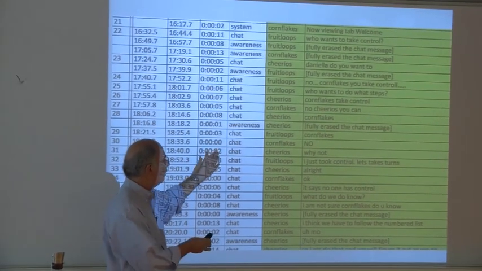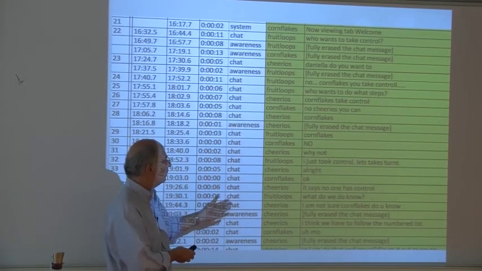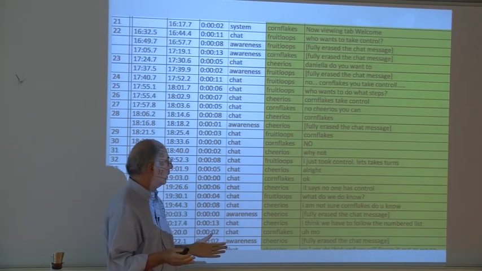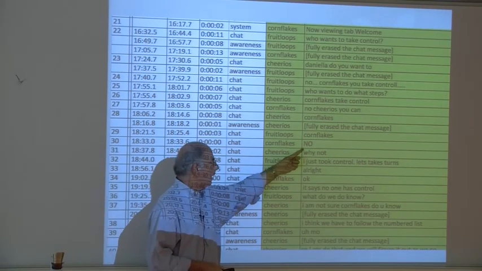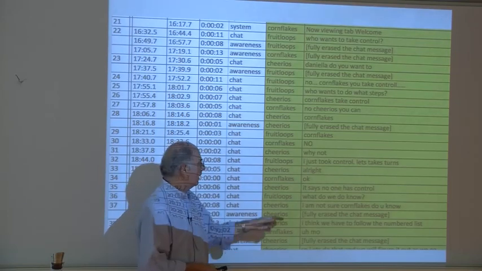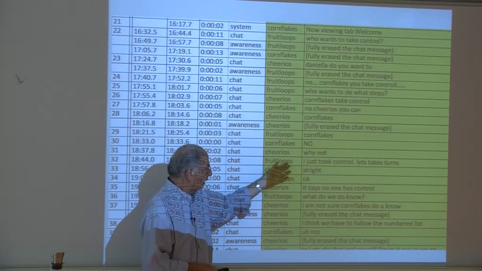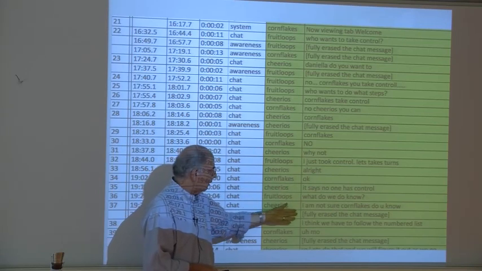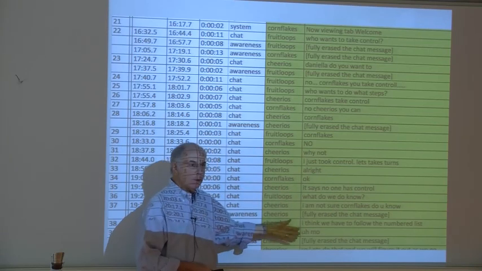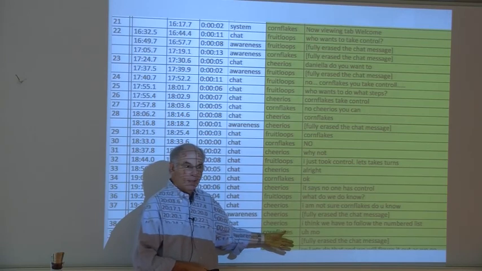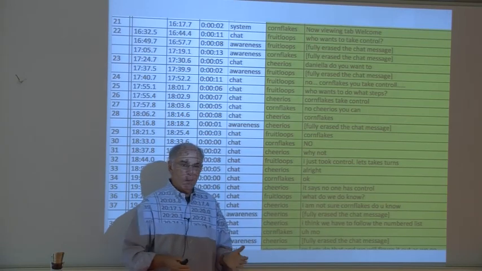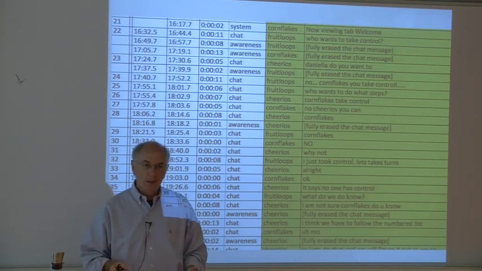"No, you take control." "Who wants to do it?" No one wants to do it, even in capital letters. "No, I don't want to take control." "Why not?" And giving an argument why not, and so on. So no one's actually done anything yet. They're all just arguing about what should we do and who's going to do it.